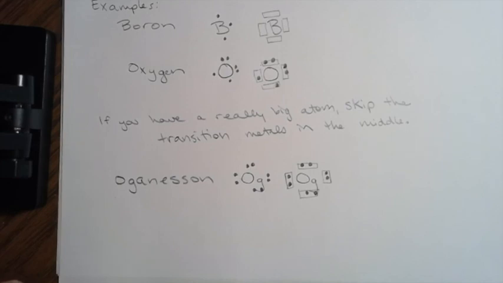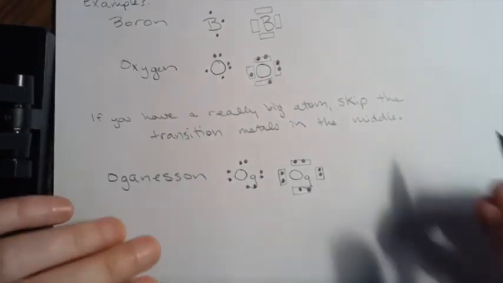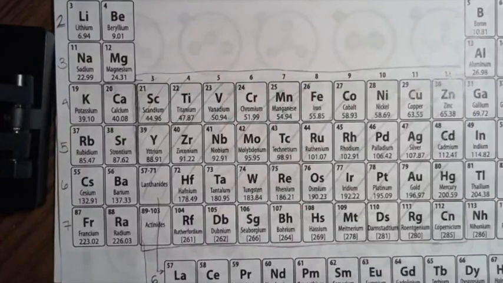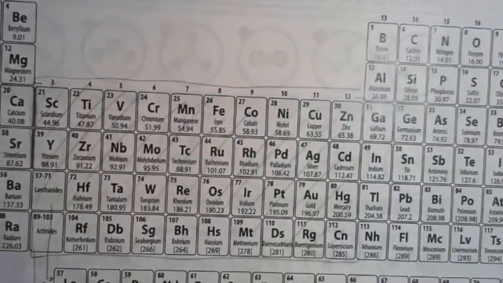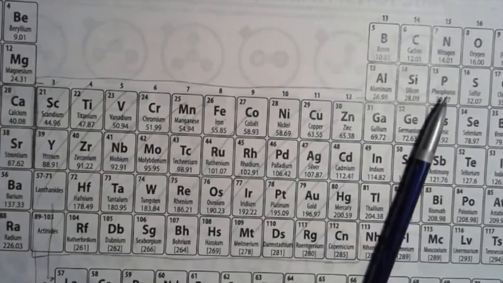I think you're getting the idea. I'll do one more example of a normal size thing just for fun. Let's do phosphorus. Phosphorus is here. Start from the left, count across, just like you're used to. There's phosphorus.